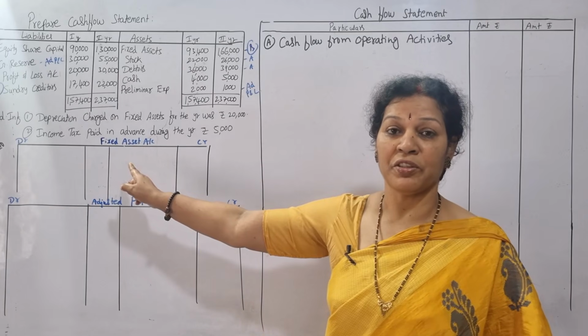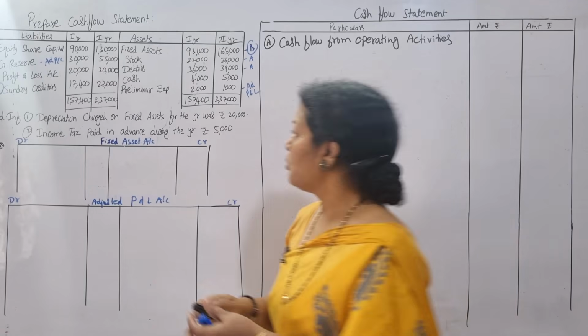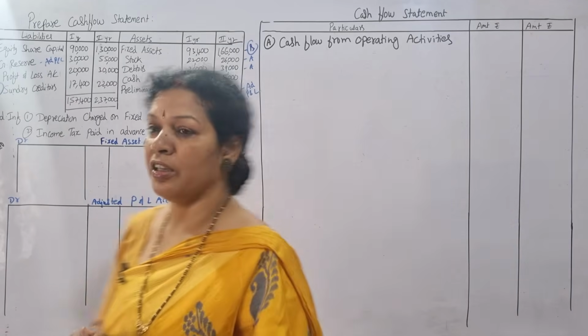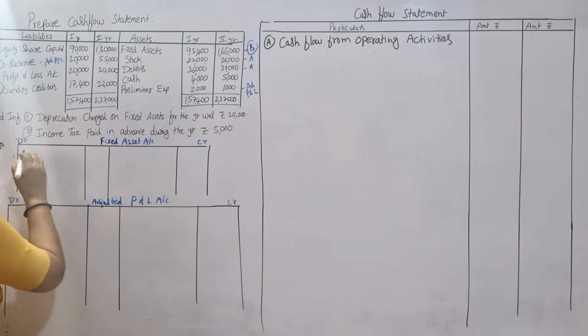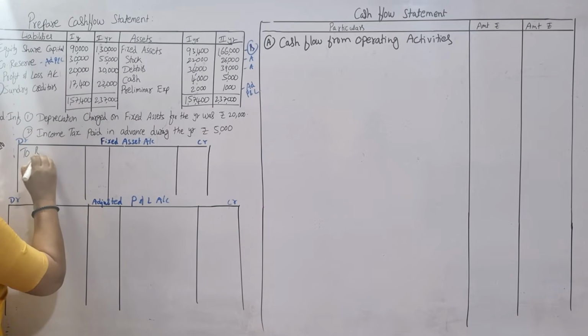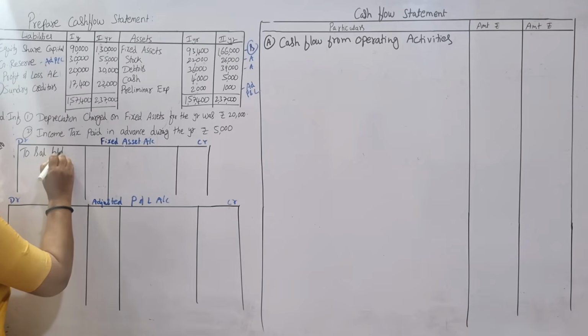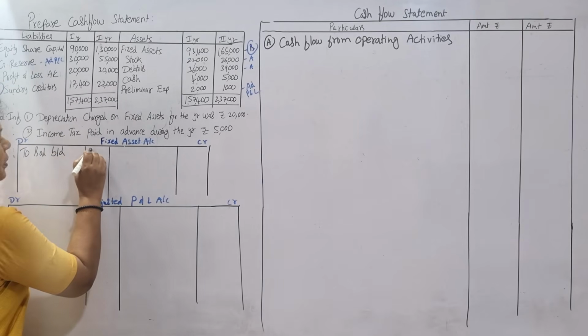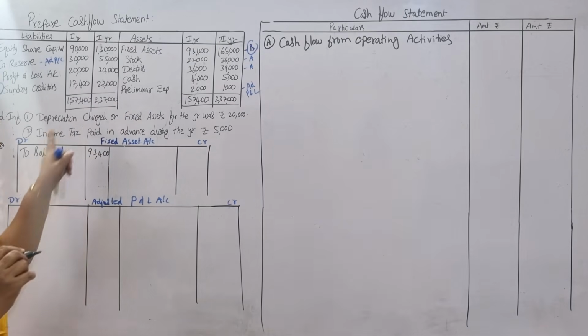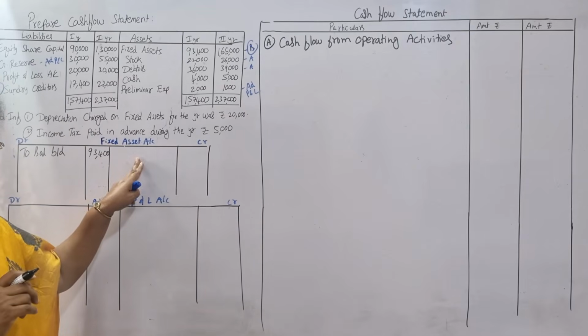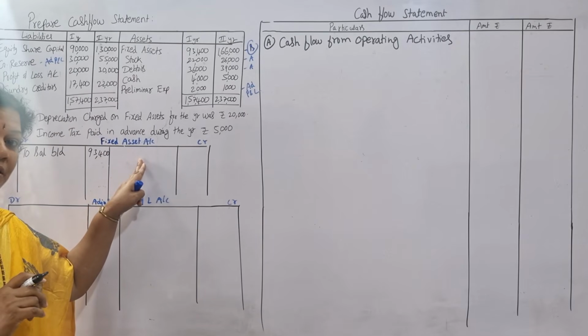Now we are opening the fixed asset account, opening balance on the debit side. To balance brought down, 93,400. Depreciation always comes on the credit side. Why the credit side?